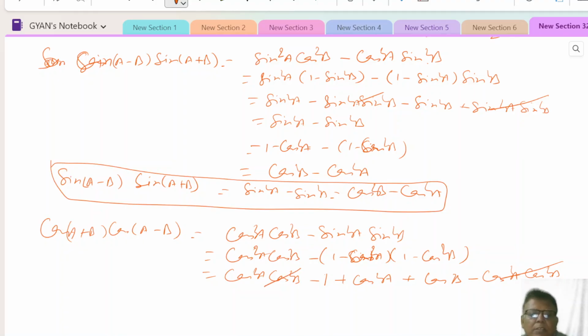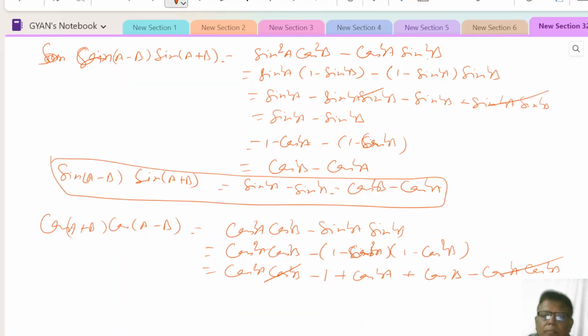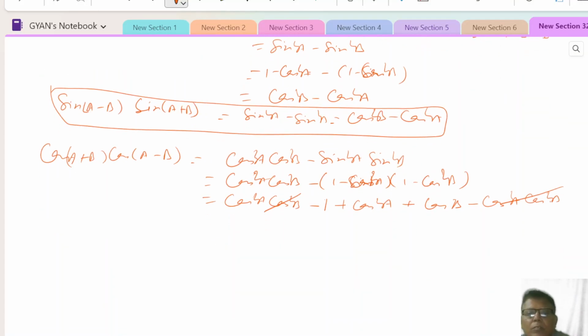So this will get cancelled, and 1 minus cos square B you will take, then cos square A minus sin square B. How? Take minus common from cos square A, then 1 minus cos square B, so that is sin square.